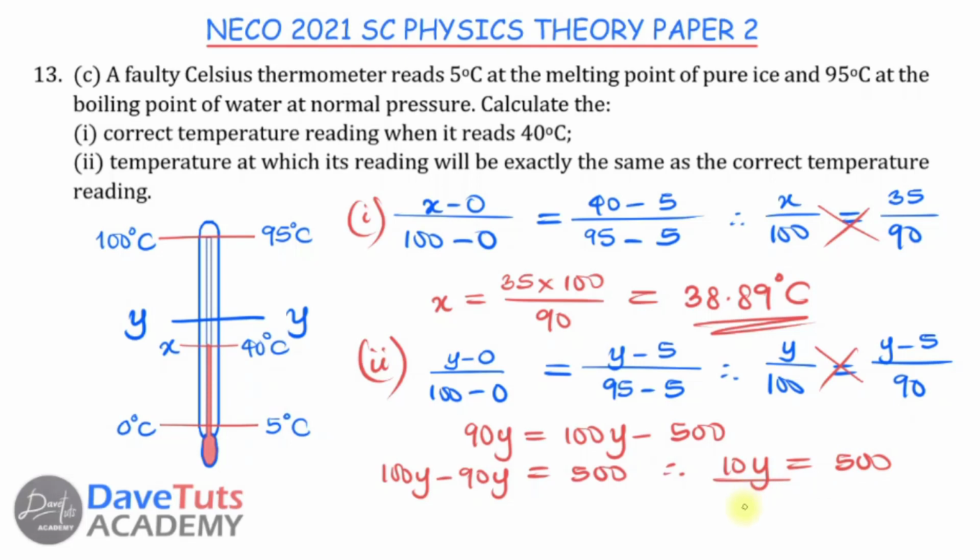Then dividing both sides by 10, the 10 cancels the 10, and the Y I'm looking for will be 500 over 10, which is 50 degrees Celsius. So the midpoint is still the same, and the temperature which the thermometer will be reading, which is also the correct temperature for this particular case, is 50 degrees Celsius. All right.